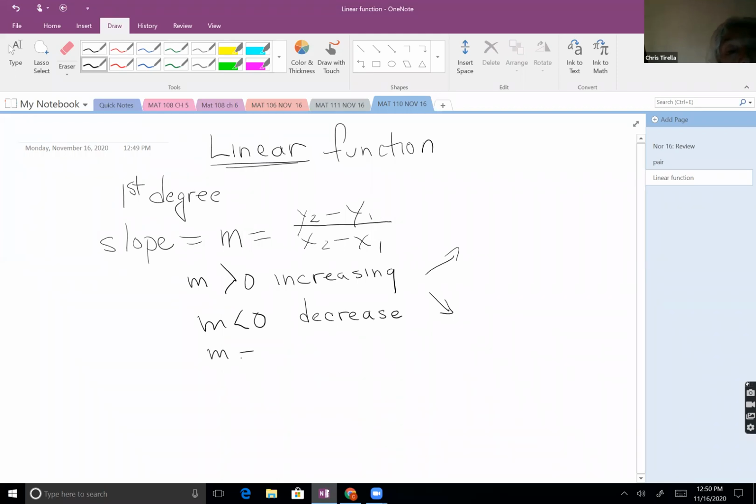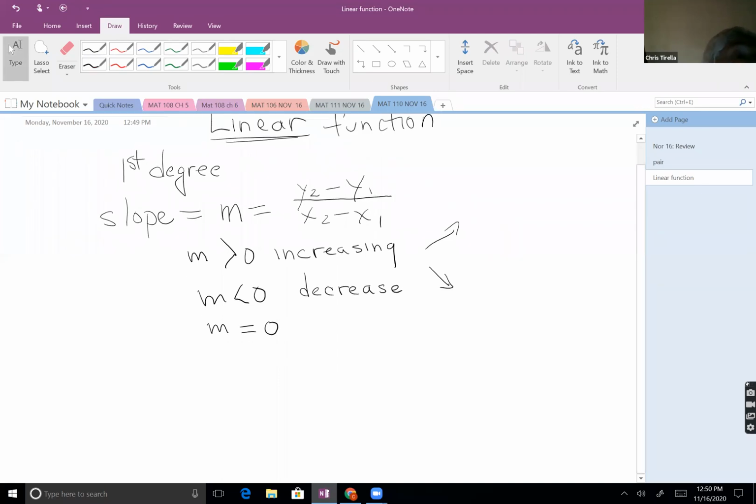If slope equals 0, can anybody remember what that meant about our line? A couple people got it a little mixed up on that last quiz. 0 is horizontal. And 0 would be if I have 0 in the numerator. A couple of people got that mixed up.